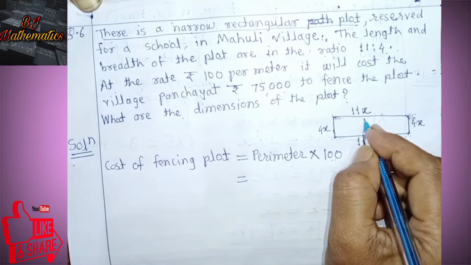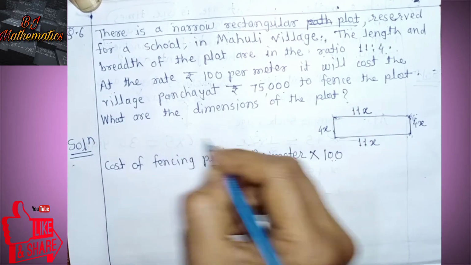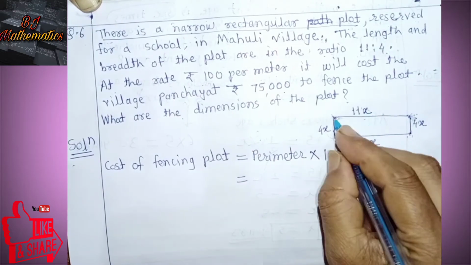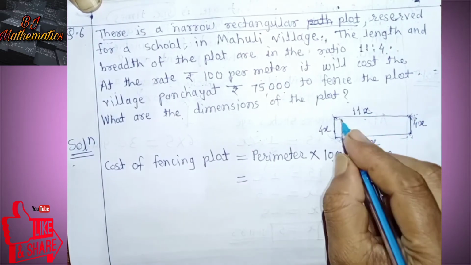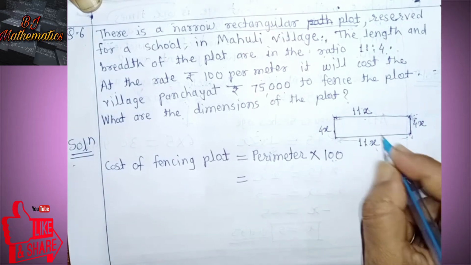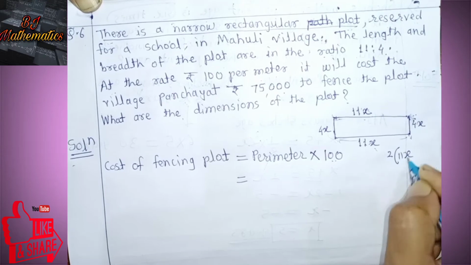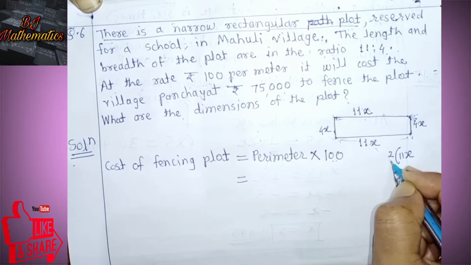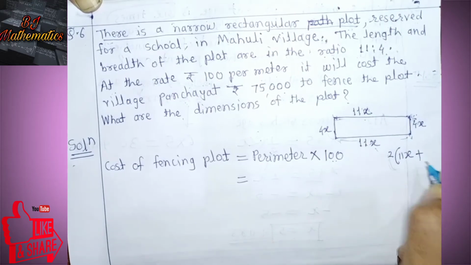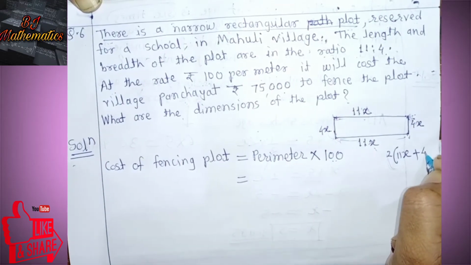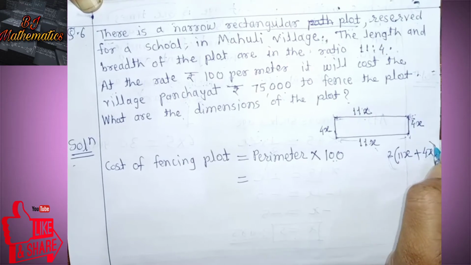Perimeter of the rectangle is twice the length plus twice the breadth: 11x plus 11x, and 4x plus 4x, which means 2 into the bracket 11x plus 4x.